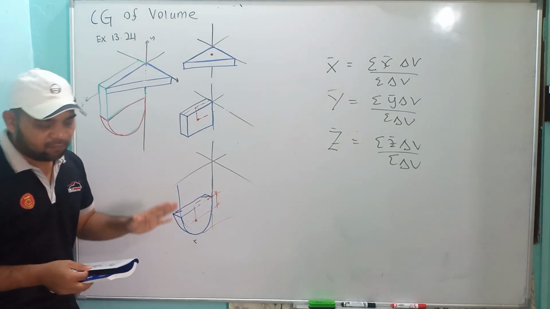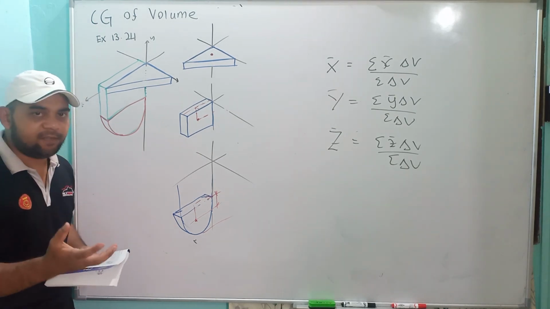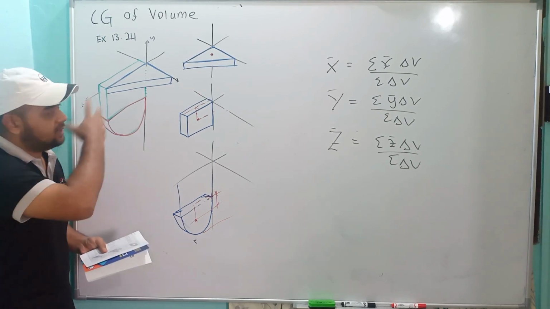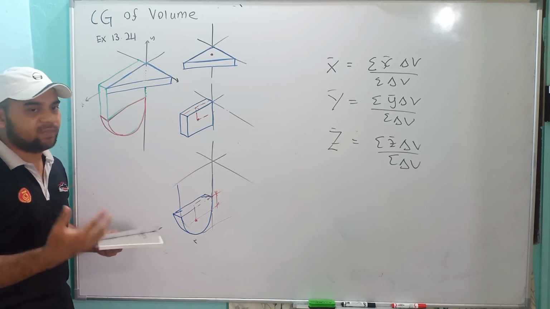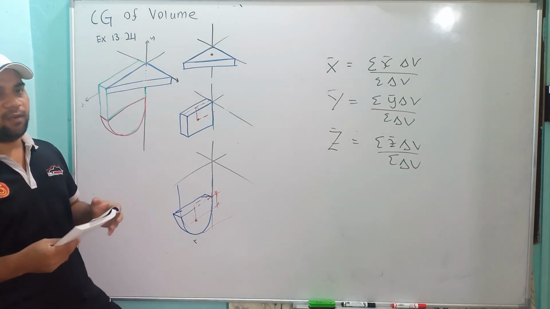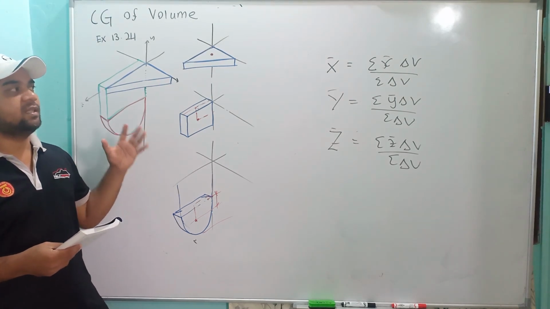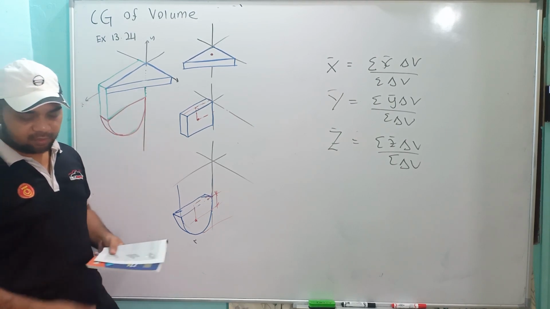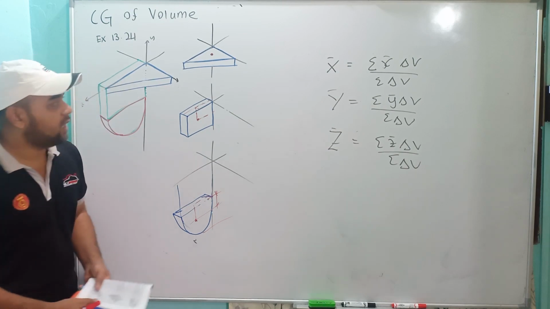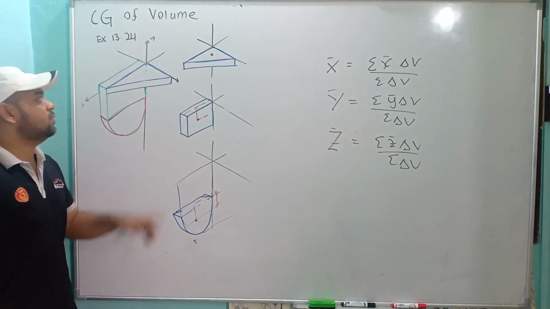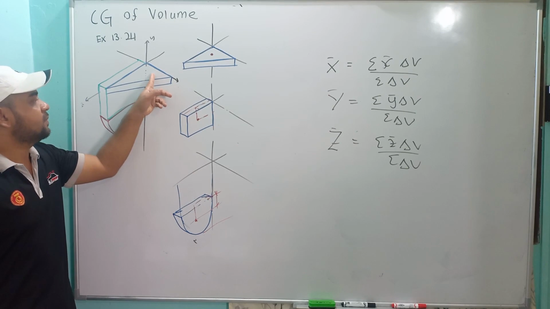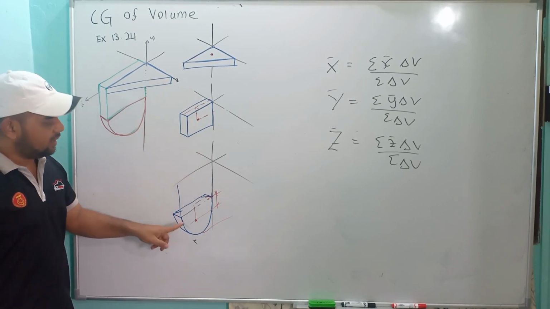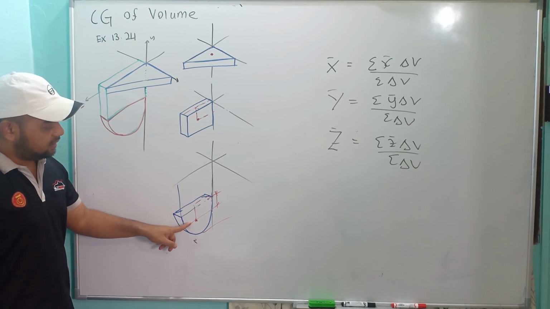Our first step is to identify what is the basic component. This structure is made up from which basic components, so we have to identify that in order for us to determine the x bar, y bar and z bar for each and every component. Here I have identified 3 simple components, a triangle here, then this second part, and the last one is a semicircle.